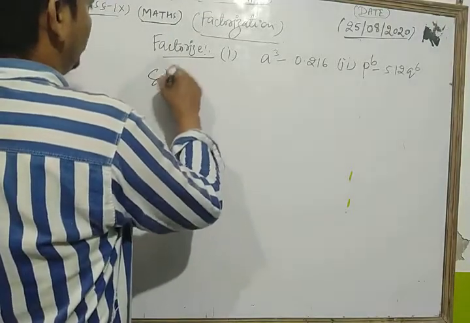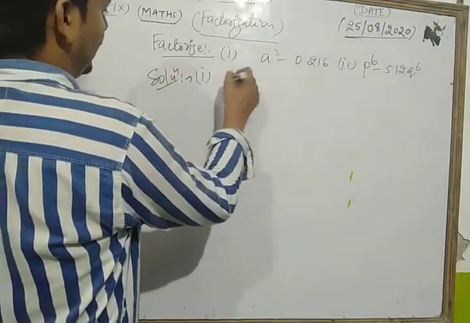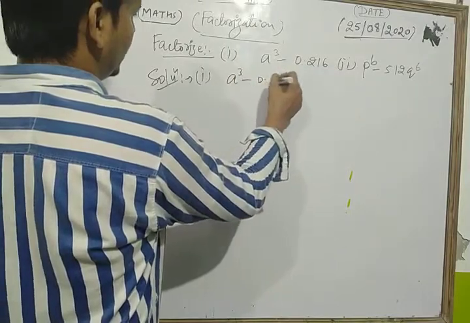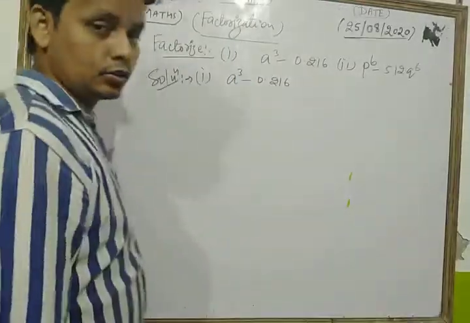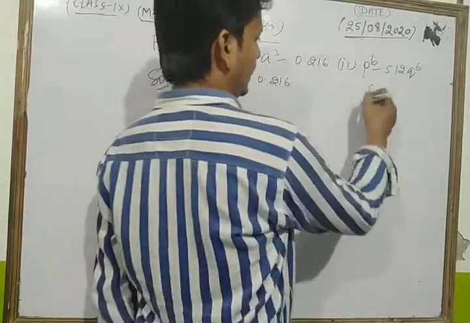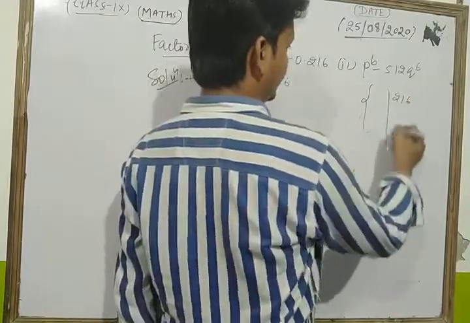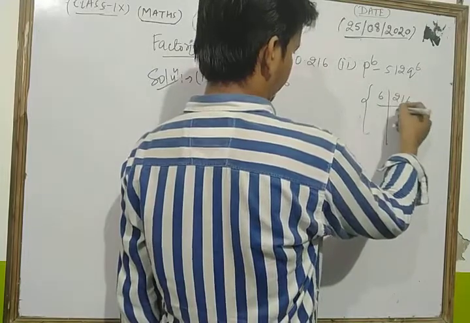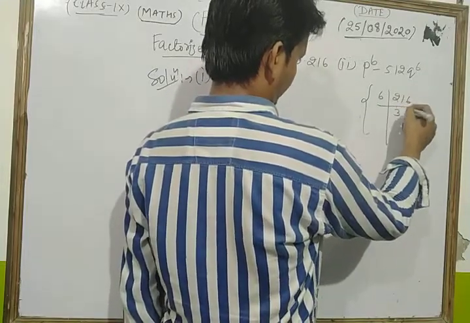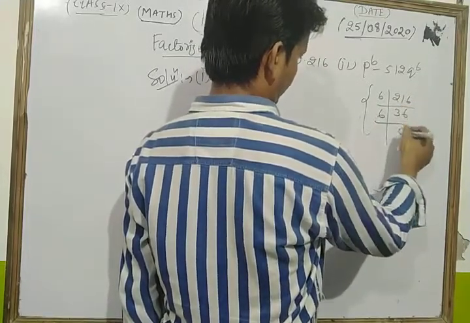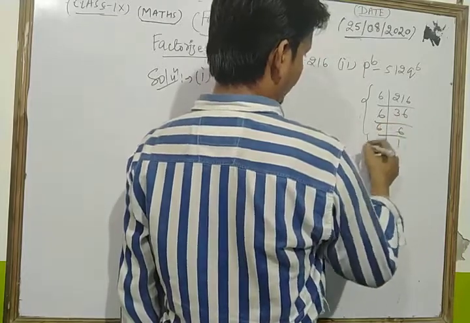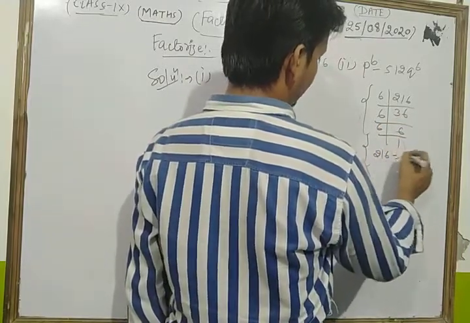We take the first part of this question: a cube minus 0.216. Dear students, you know that very well. If we prime factorize 216, we get 216 as 6 cube.